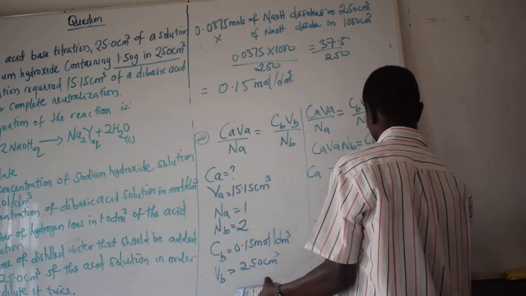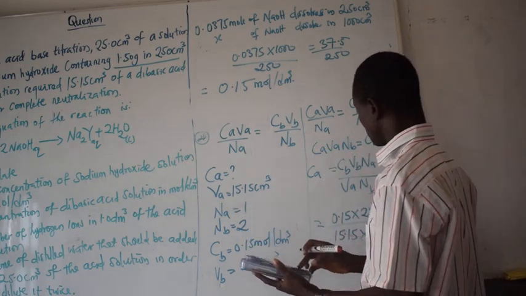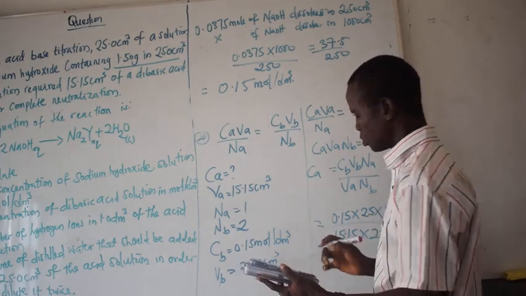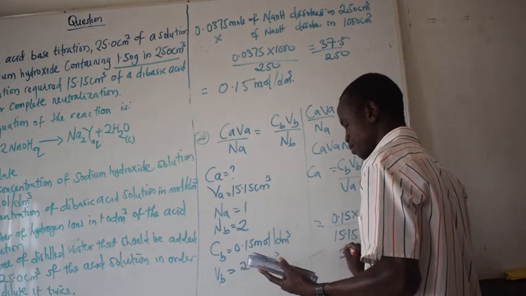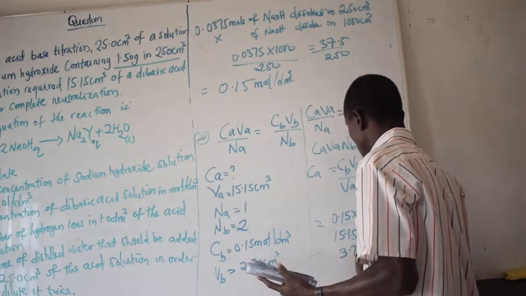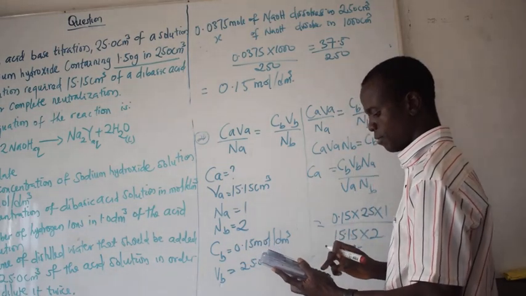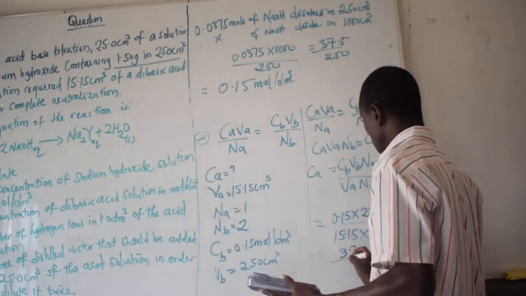So what do we have here? 0.15 times 25 times 1 is equal to 3.75, all over 15.15 times 2.